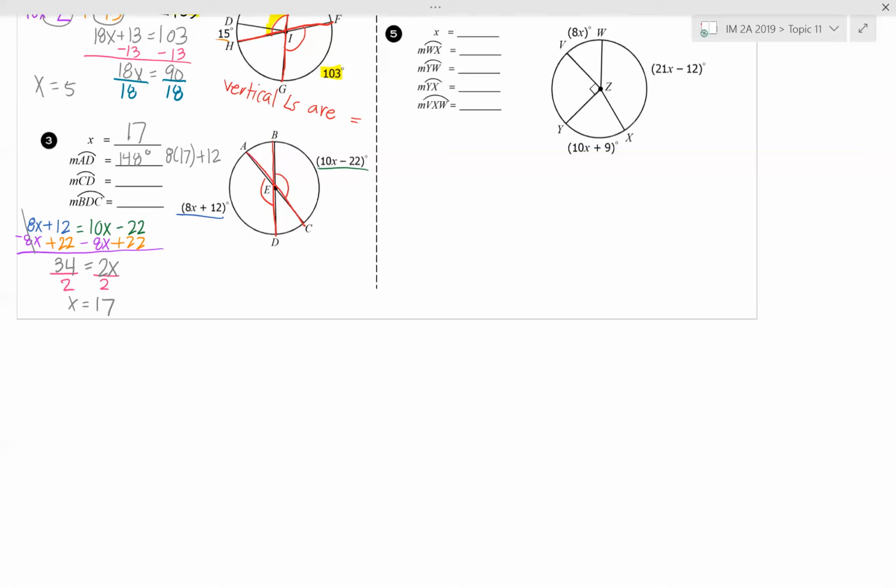For CD, that's this arc here. If I know that this is 148 and this is a diameter, I have to do 180 minus 148, and that will tell me the length of arc CD, which is 32 degrees.